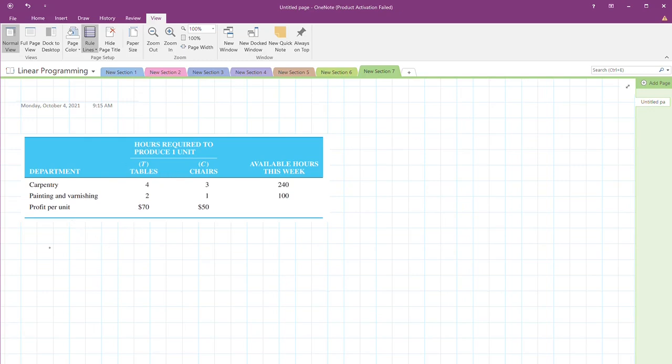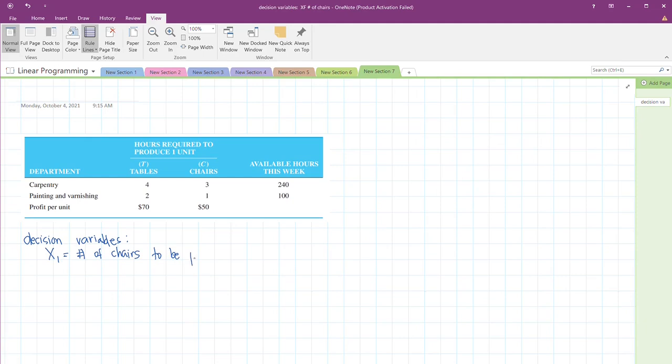Now, let's first do the formulation. We start with the decision variables. The question is how many chairs and how many tables need to be produced. So, x1 will be the number of chairs to be produced.